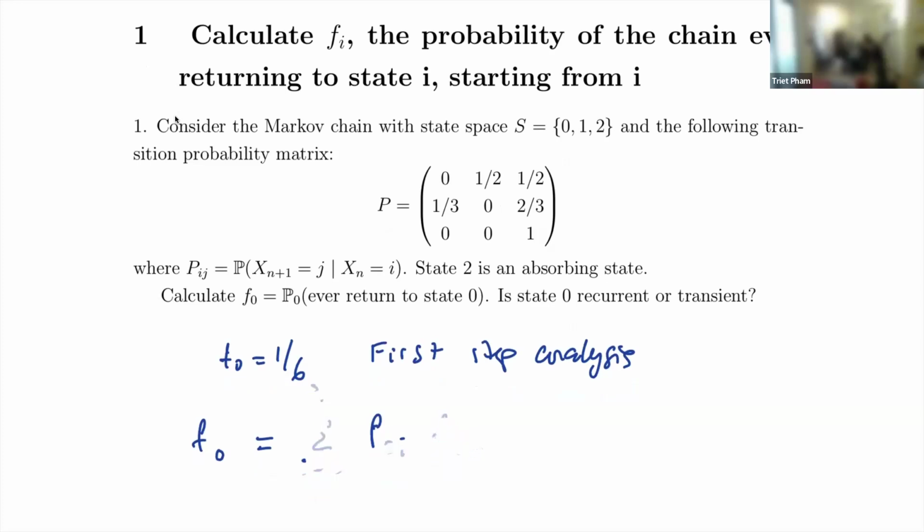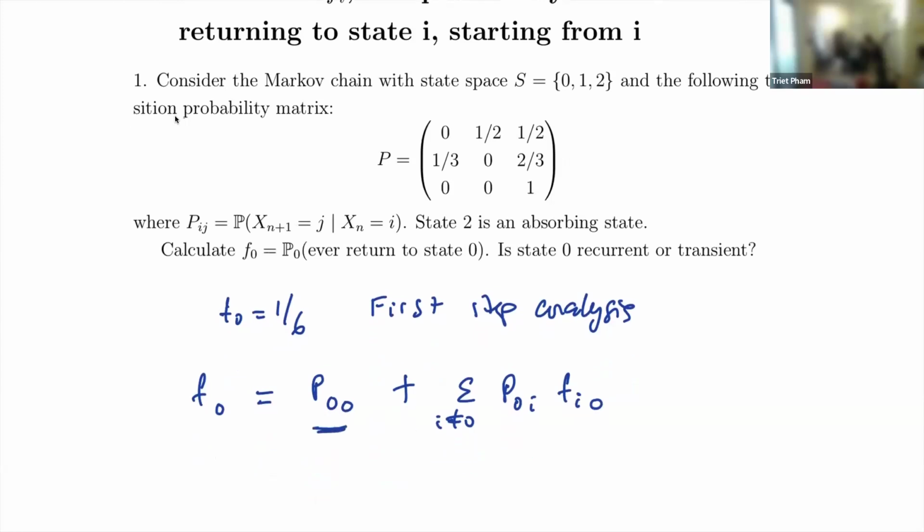Let's do this. Actually, this is still incorrect. If you go from 0 to 0, you're done, because you have to return to 0. Otherwise, you can go from 0 to I, then return I to 0. The reason we have to separate this is because F0 may not be 1.